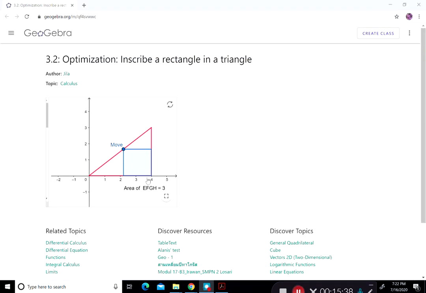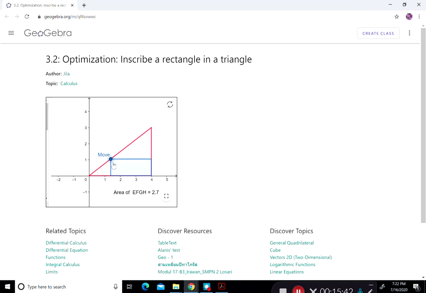Over here, I can move this point and see the triangle is still inscribed, and the rectangle is still inscribed in the triangle. Over here, it's a very long rectangle and the area is smaller and smaller, and then somewhere around here, 3, and then it becomes smaller again.